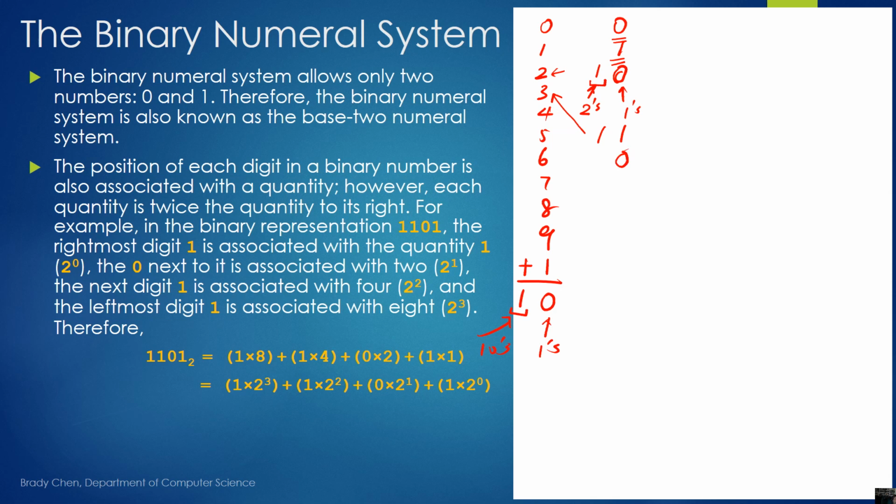So we're supposed to add 1 to the 2's position, right? Now we find there's already a 1 in the 2's position. So we end up adding 1 to 1. So we're running out of position again. So in this case, we reset the 2's position to 0, and then add another position on the left and add a 1 to it.